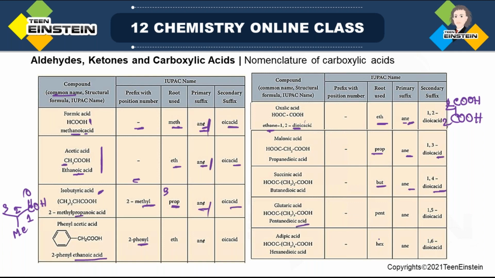This is pentane dioic acid, then hexane dioic acid. So gradually we increase carbon 1 by 1. The names will change in this way: 1 4, 1 5, then 1 6. Fine. So remember, when it is di, 2 CO2H groups are present. Don't remove this E of the alkane, that is the primary suffix.